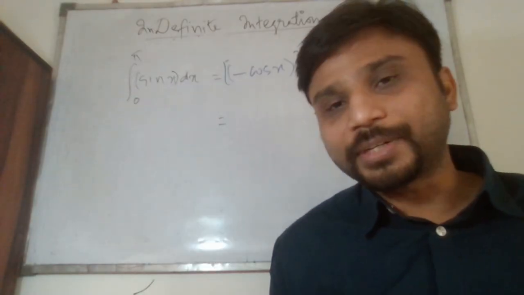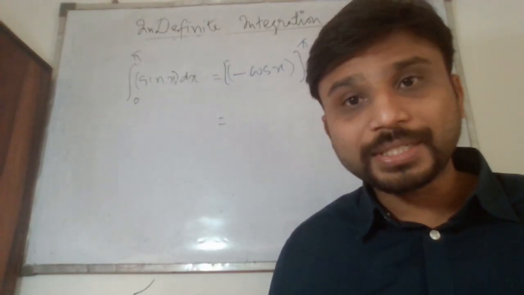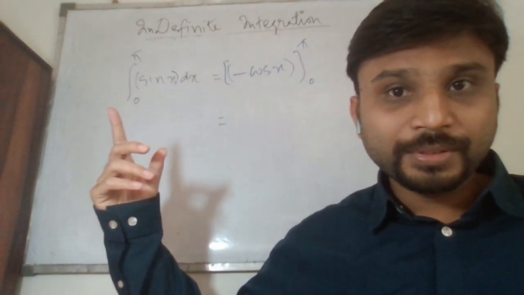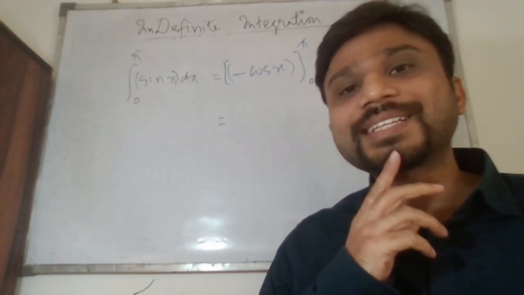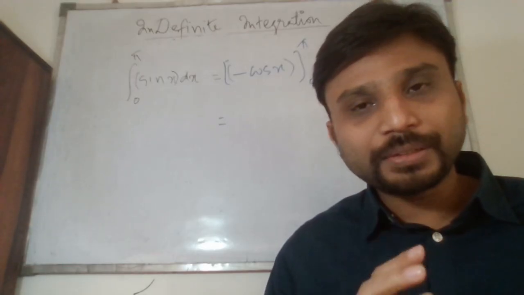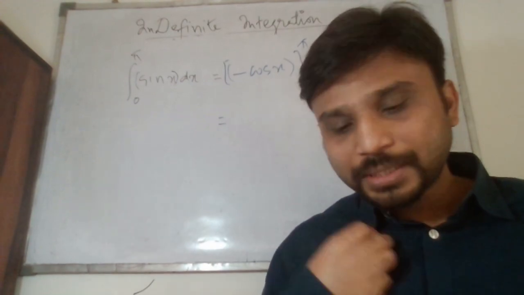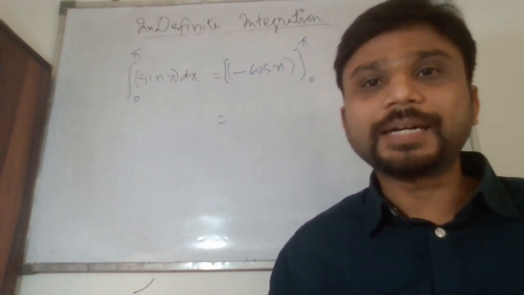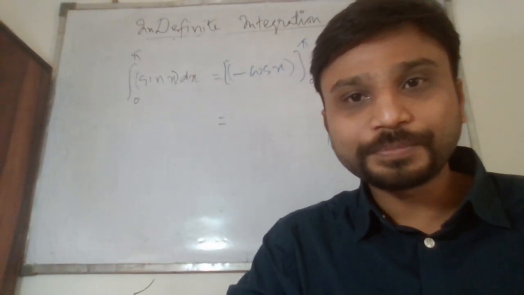Okay. So once more, I'll repeat what I have said. I have some particle whose velocity is sin t. I want to find the displacement of the particle from its velocity. Now, this is a question which should be pretty simple for us to understand from the physical point of view. Because we know that if I know the velocity of a particle, multiplying it with time gives me the displacement, right?